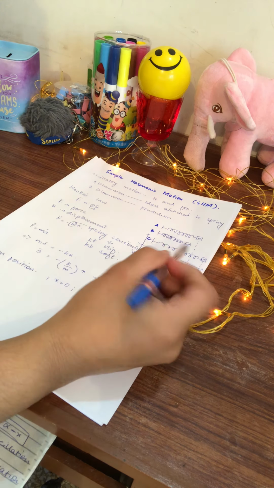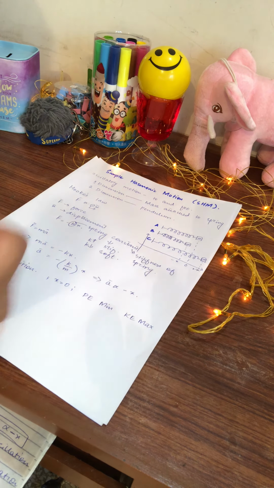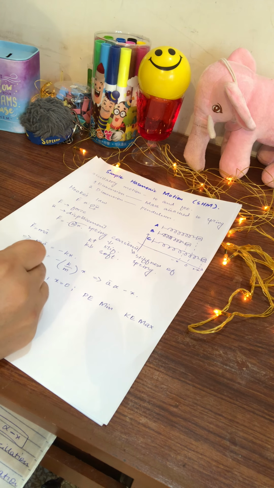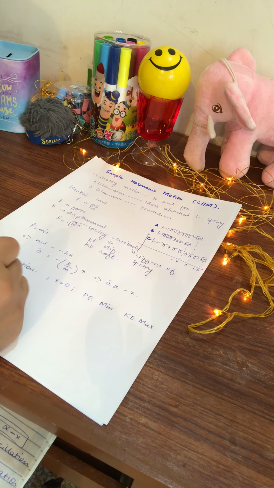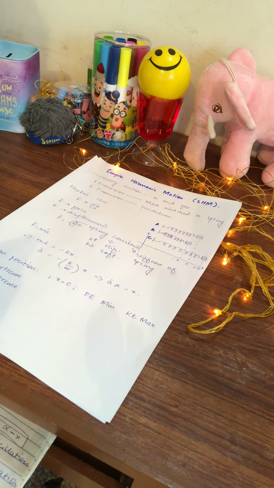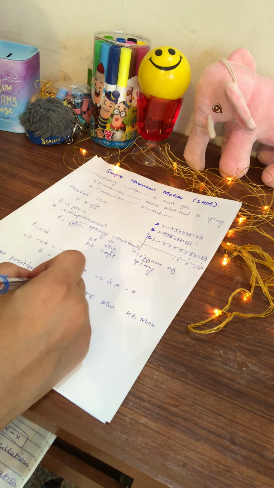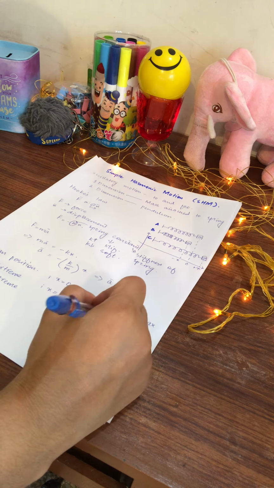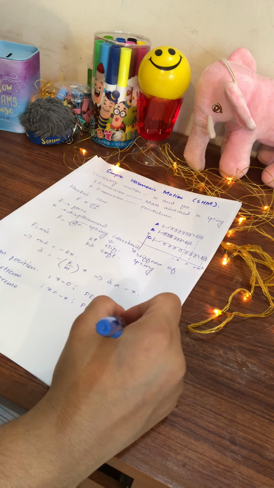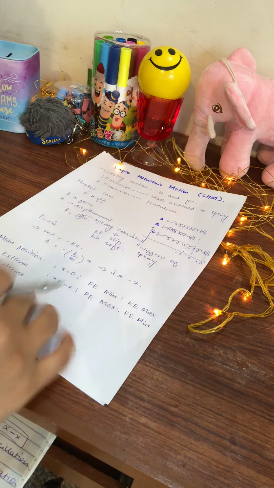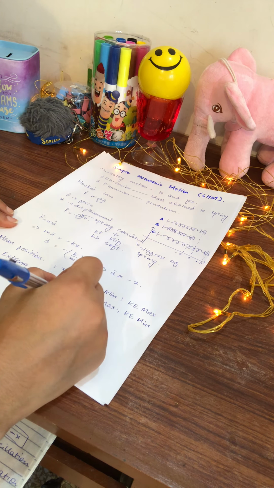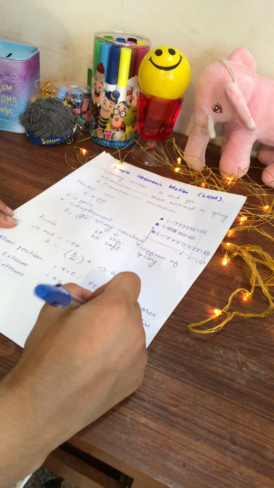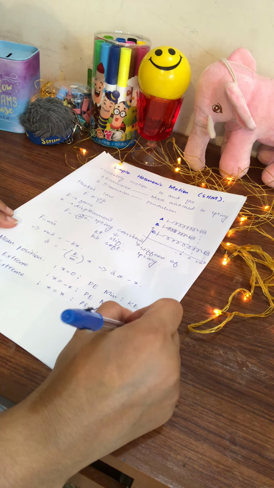B is one negative extreme and C is positive extreme. When we talk about the negative extreme, at x equal to minus x, potential energy is maximum, and kinetic energy is minimum. Here the same is the case, potential energy maximum and kinetic energy minimum.